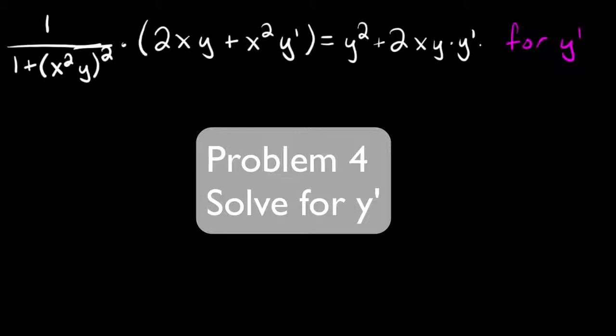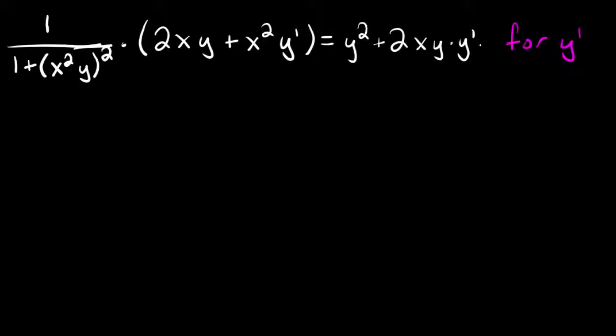Okay, so this happens pretty often in calculus. You get a crazy algebraic expression that you need to solve. And in this case, again, we're solving for y prime, and we've got y primes on the right side, y primes on the left side. Notice, though, that you've got a y prime inside of the parentheses here.